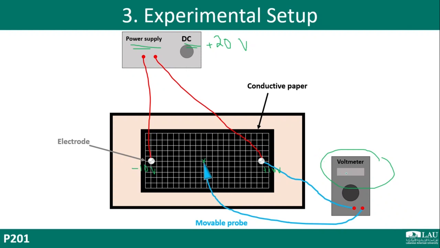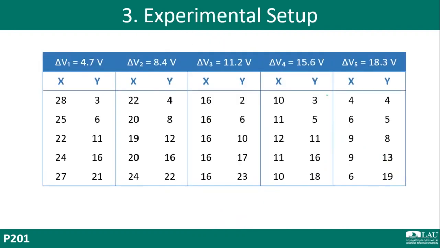So the voltmeter does not measure the potential, it measures the potential difference. So here it's delta V, not V. It's the potential difference between plus 10 volts and this point. I'm going to map 5 lines and give you the data of these 5 lines.